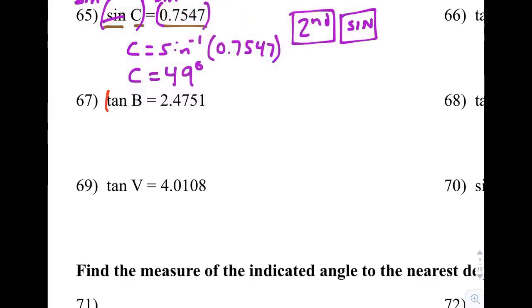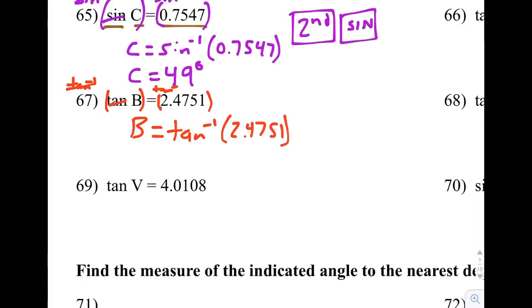To undo the tangent, we take, surprise, the inverse tangent, tan -1 of both sides. On this side here, the tan inverse of the tangent of B is just going to be B. They undo each other. Then the inverse tangent of 2.4751 is what we type into our calculator. Second tan, so this comes up tan -1, 2.4751.